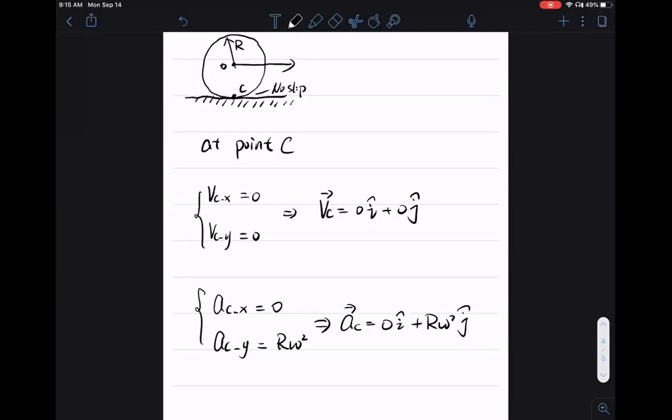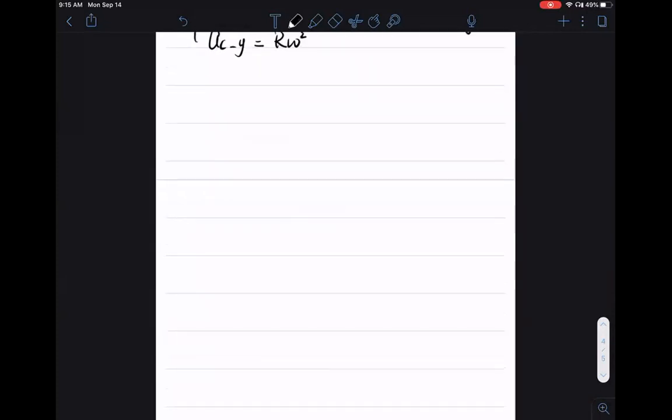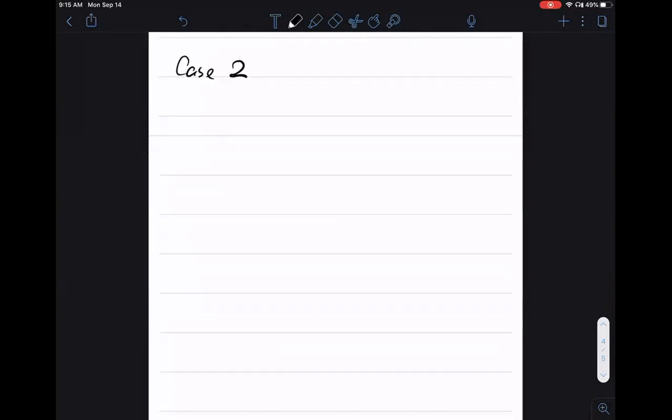We have another case, case two. For case two, you have a wheel. Instead of having this wheel on a fixed surface, this wheel is sitting on a block.